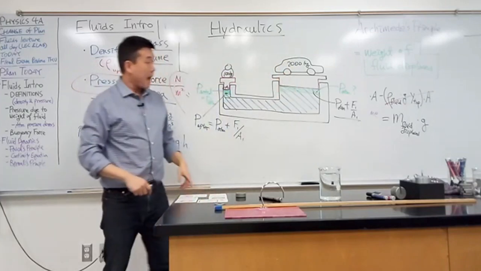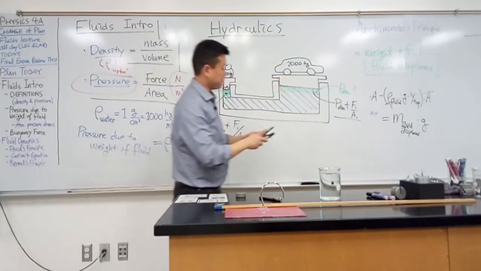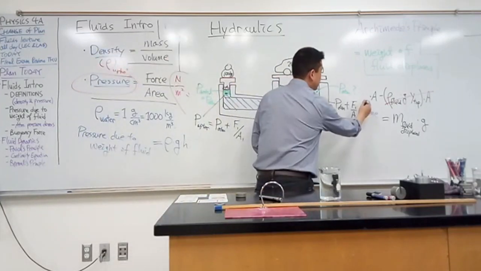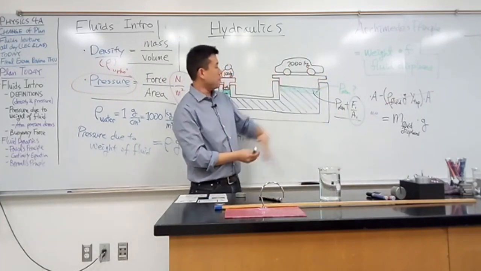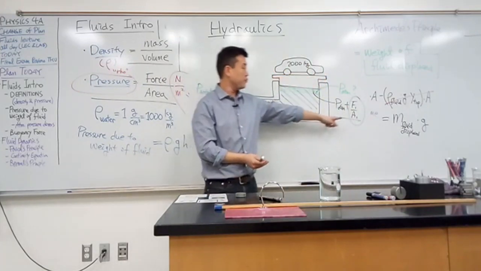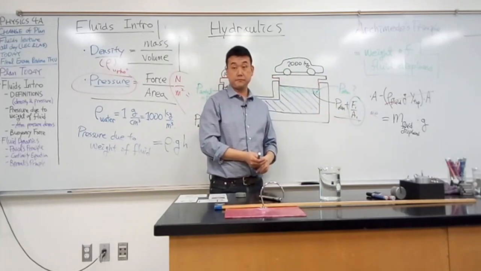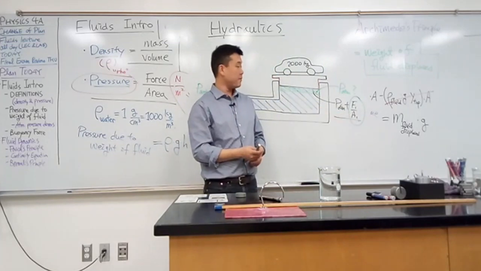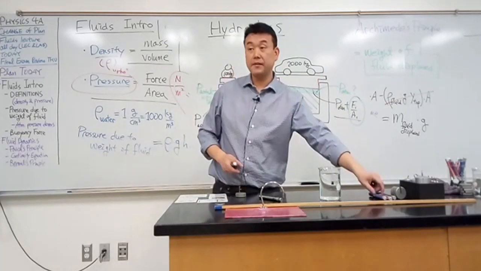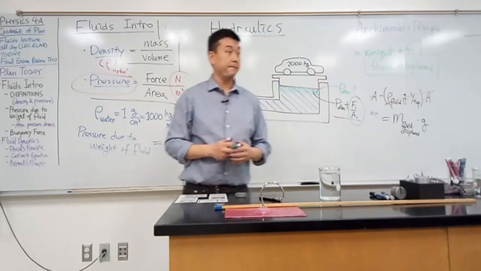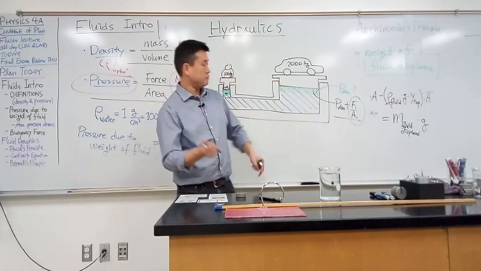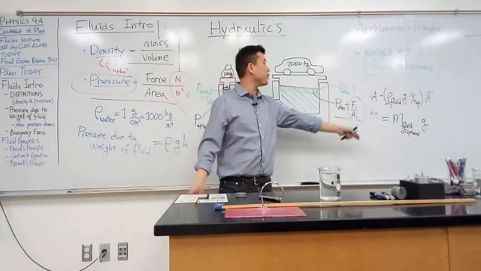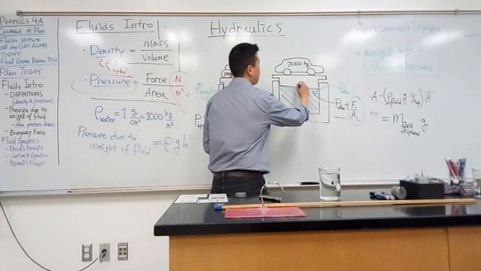Now, this is what I want you to look at. You have this additional pressure. What is the additional force on this platform due to additional pressure? Is it simply F1, or is it going to be something different? So, you have pressure. What do you need to do to get to the force on this platform?